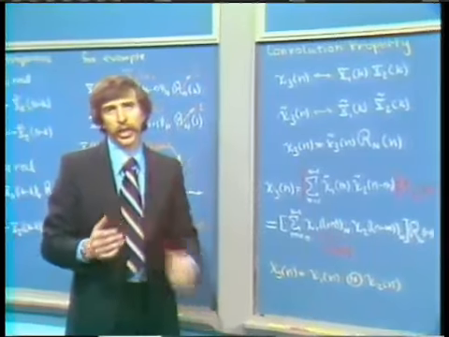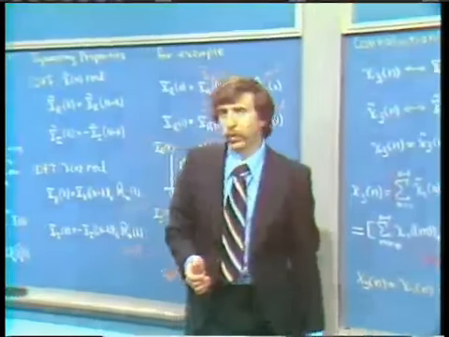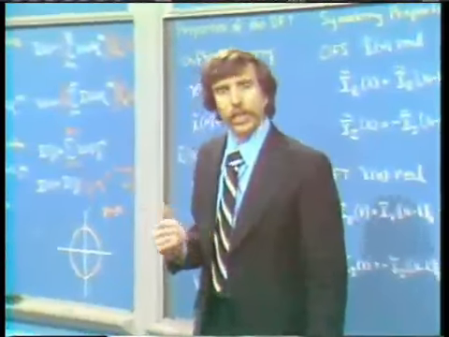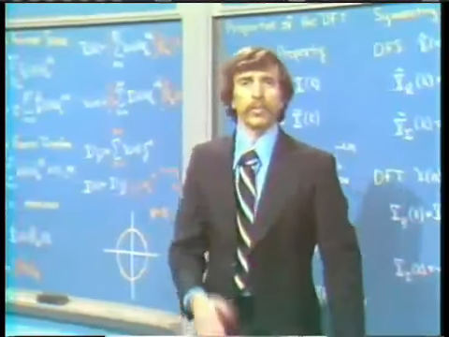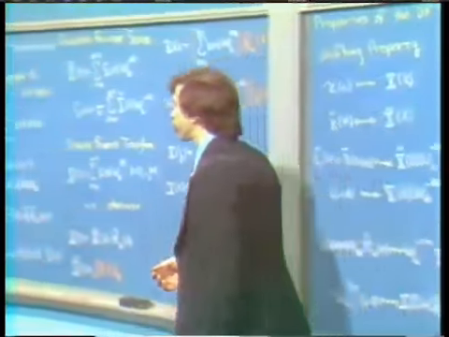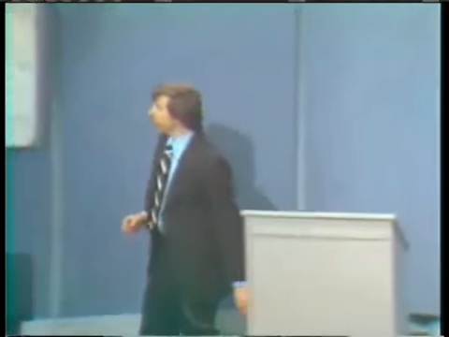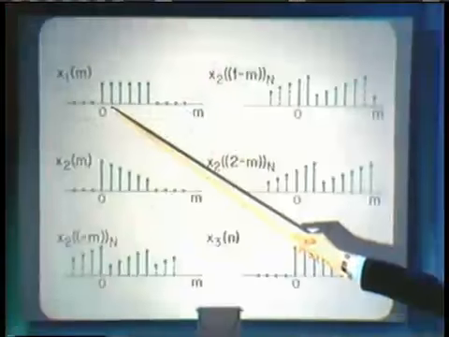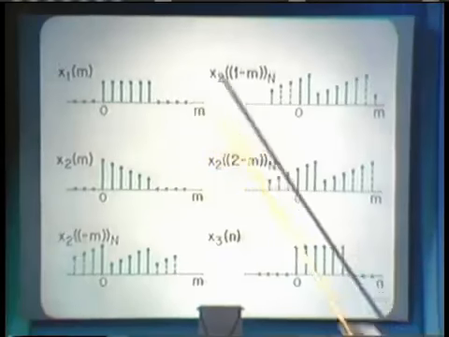Well, let's just look at a simple example, with the idea that in the next lecture we'll concentrate some more on the interpretation of what circular convolution means. All right, here we have a sequence x1 of m.